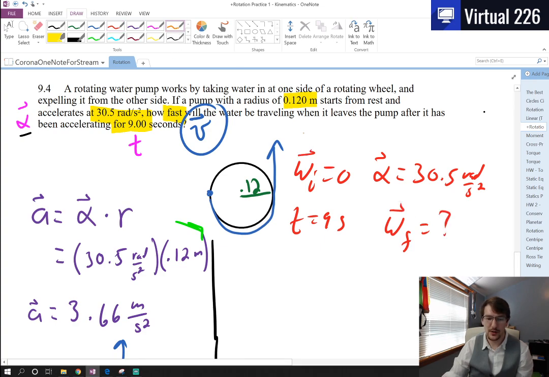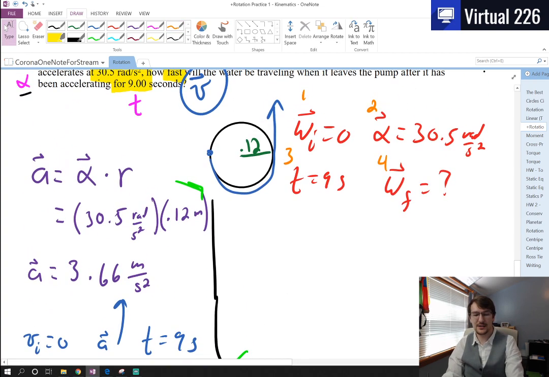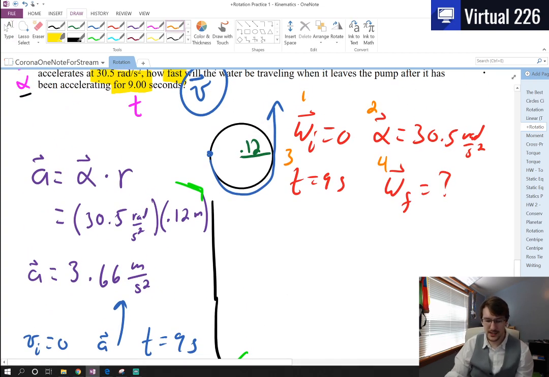Well, we've got 1, 2, 3 things. You can go find the fourth. And we just use that same equation that we used at the very end here, but only we'd be putting in omegas instead of v's. We could say that omega f equals omega I plus alpha t.